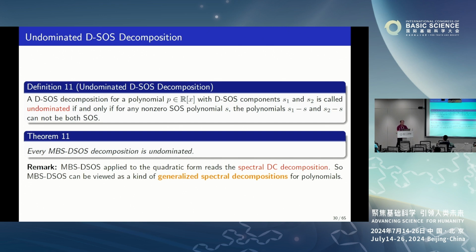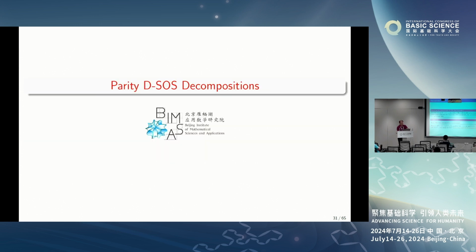So it means that it's a kind of optimal decomposition in the sense of domination. We can show that the minimal basis special decomposition is exactly undominated, the best one. This provides a generalization of the special decomposition from the quadratic case to polynomials of any degree. So that is about the D-SOS.